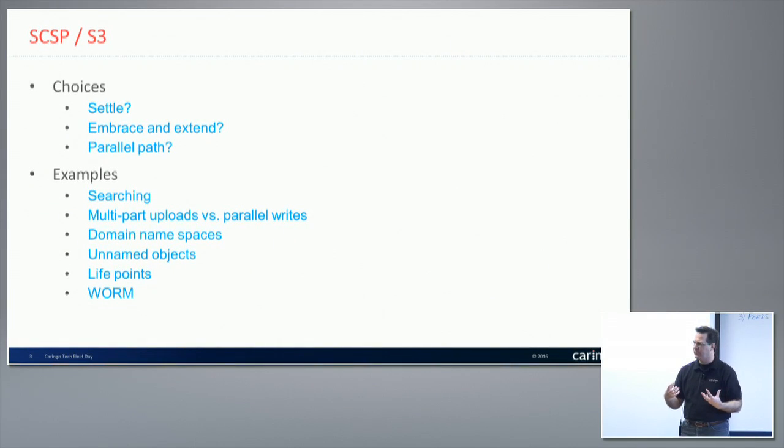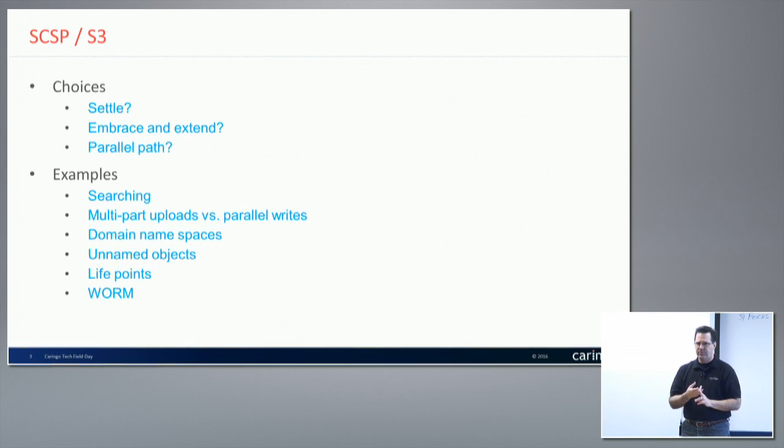Okay, so when it comes to implementing a storage protocol for your system, you have choices. We had choices, other vendors have choices as well. You can either settle for giving the exact functionality that Amazon has chosen to implement in their service offering and no more.